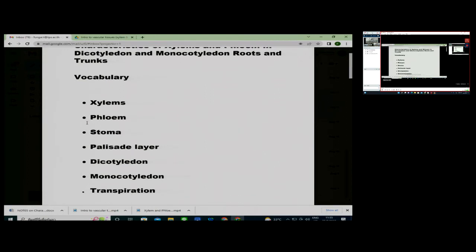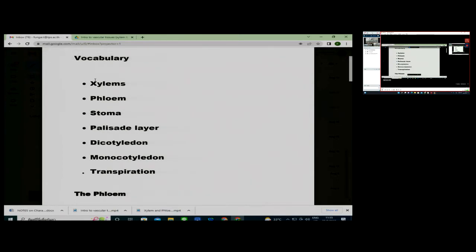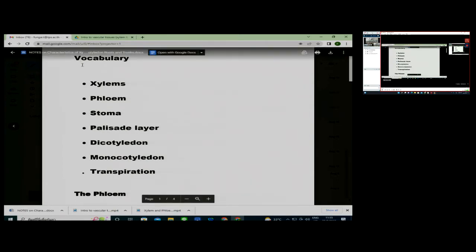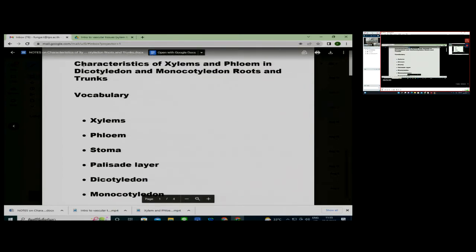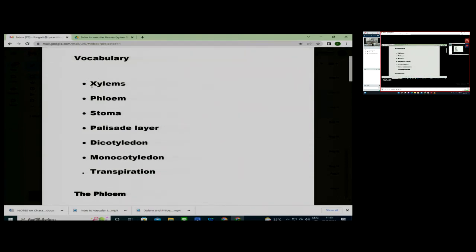So to start off with, we are going to start with the vocabulary, the basic words that we need to learn. So we are going to start with the first word. The first word, where my cursor is, is pronounced as follows: xylem. This is how we pronounce the word.